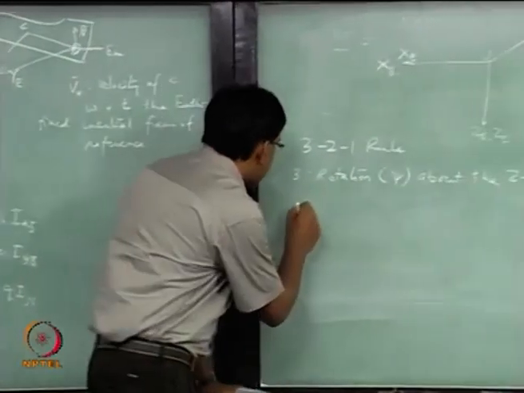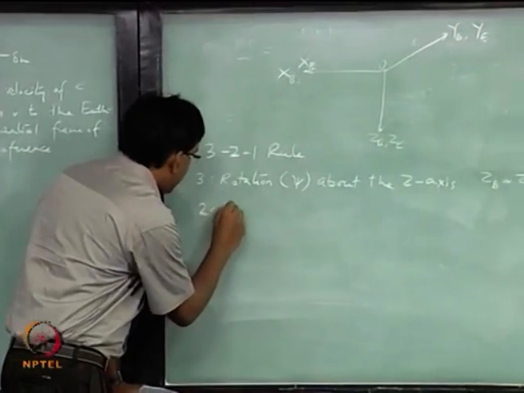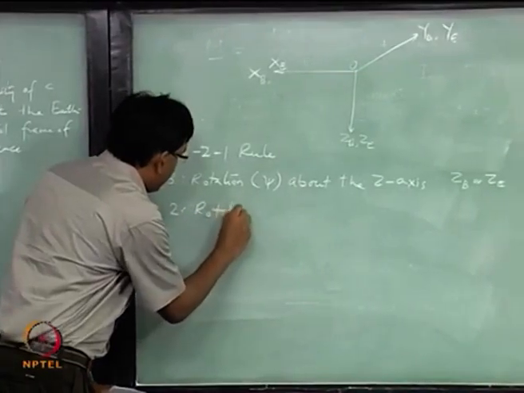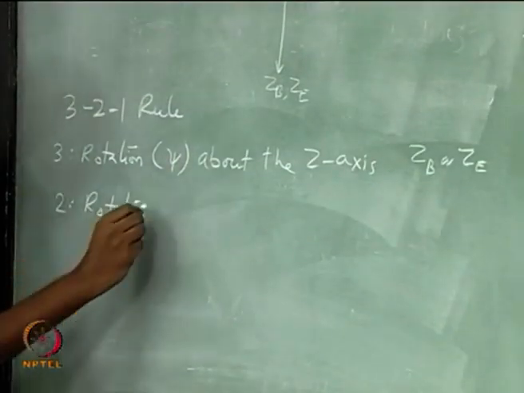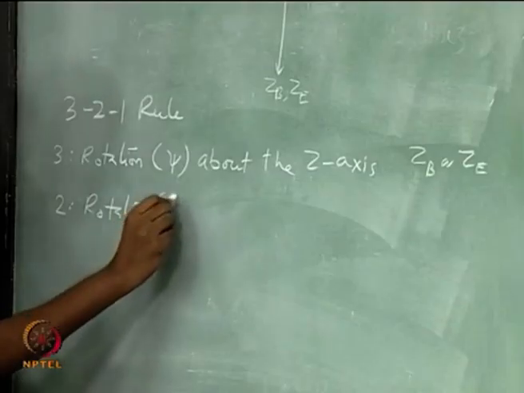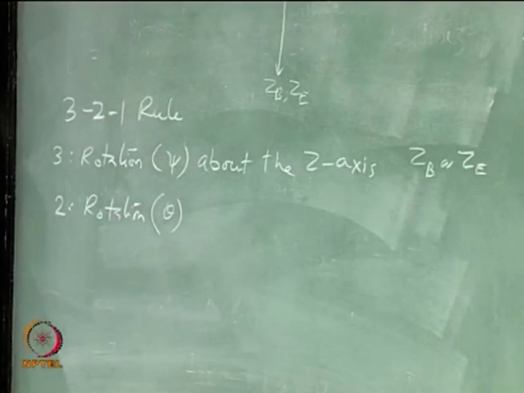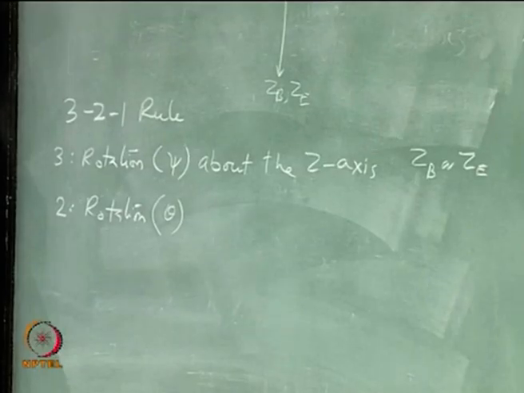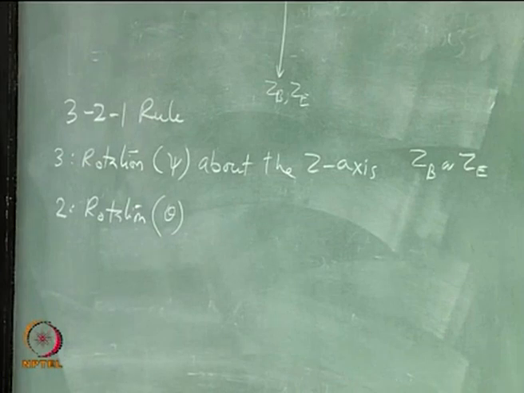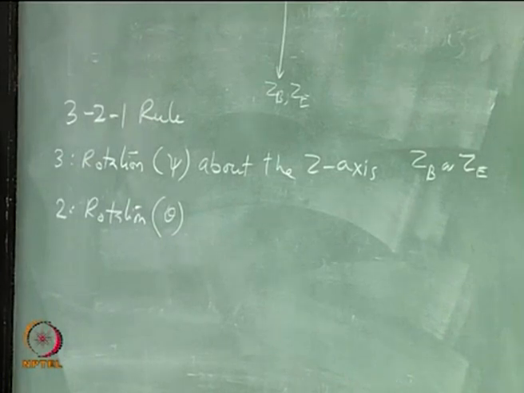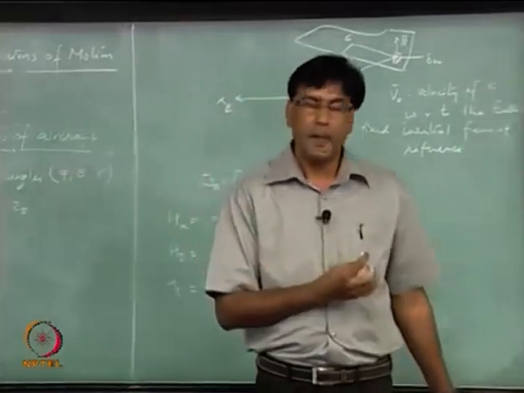Give the second rotation theta about the y axis, and that y axis is indeed the y axis of the aircraft, because I am rotating the aircraft, right.